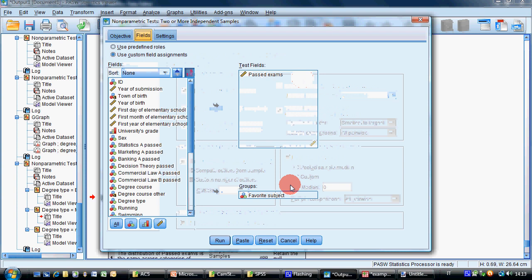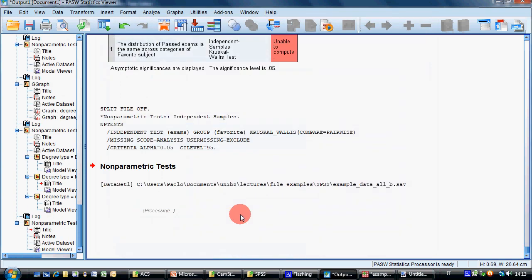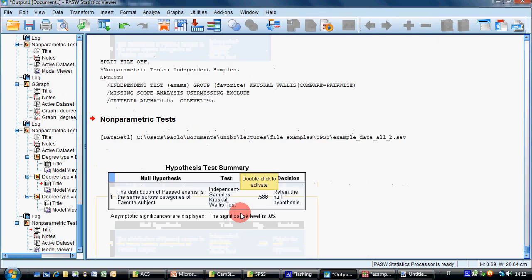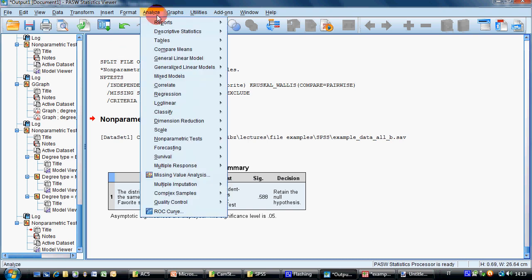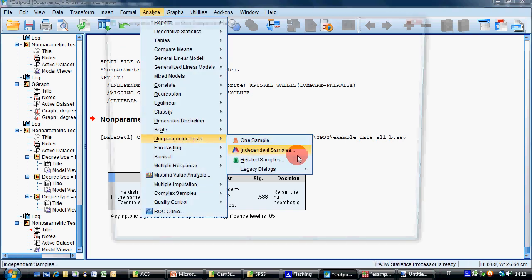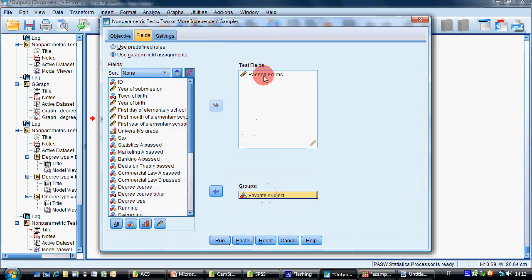Kruskal-Wallis. Retain the null hypothesis. It means that there is no significant difference in the position of past exams, depending on which one is your favorite subject. Okay, let's see whether there is a significant difference of year of birth.